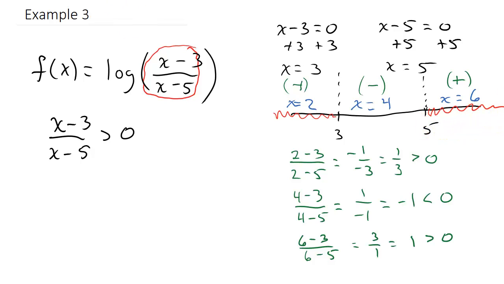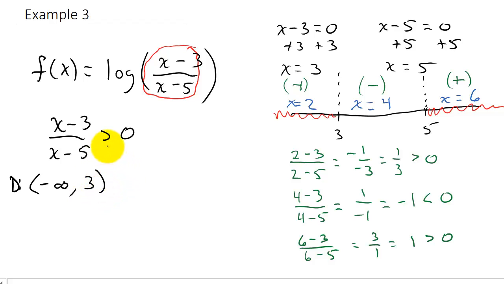So my domain is going to be everything from negative infinity all the way up to 3, and I'm using parentheses because it's not greater than or equal to, or everything from 5 to positive infinity.